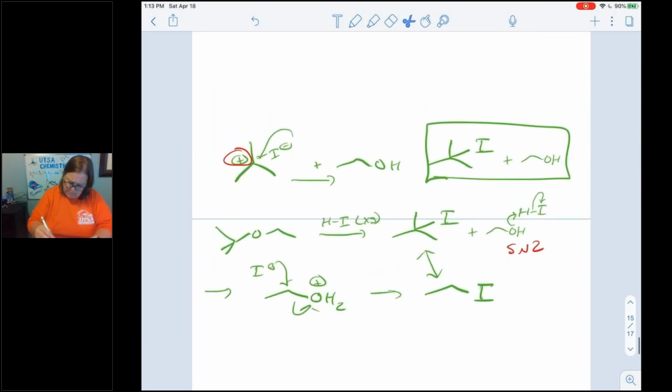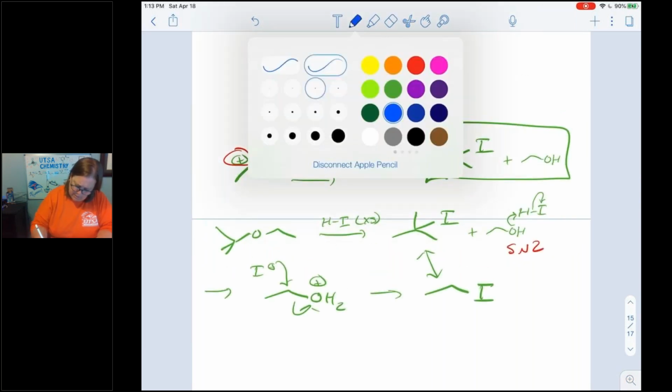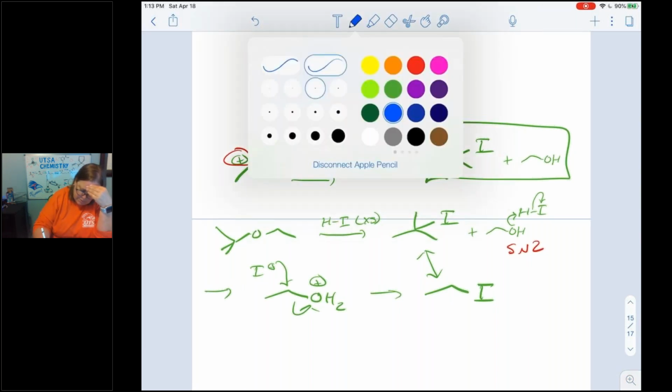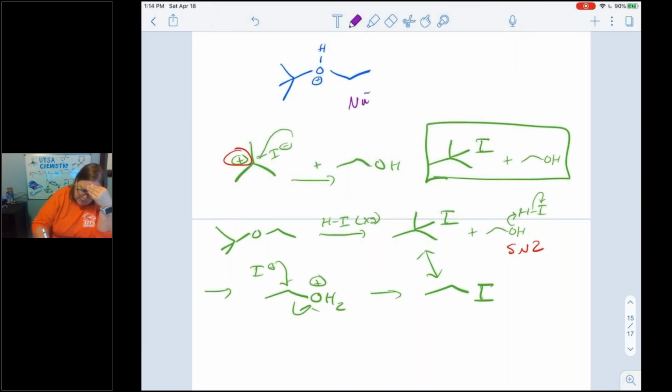Once I've protonated this, I can do one of two things. If I have nucleophilic attack of this primary substrate, it has to be SN2. I can't just get this guy to leave and form this guy here, because we do real chemistry at UTSA and we do not form primary carbocations. So that is not an option.